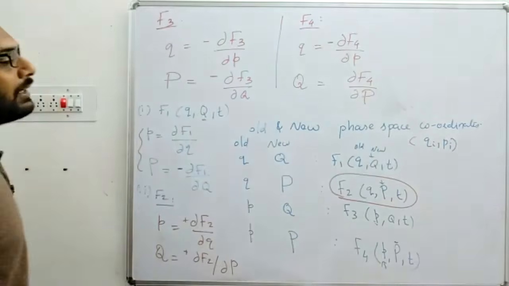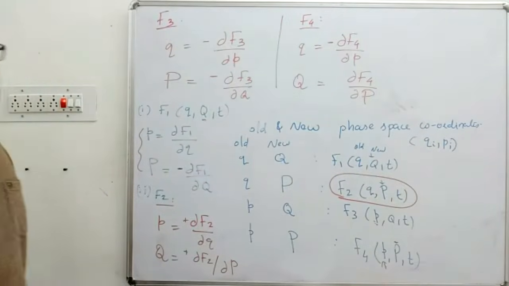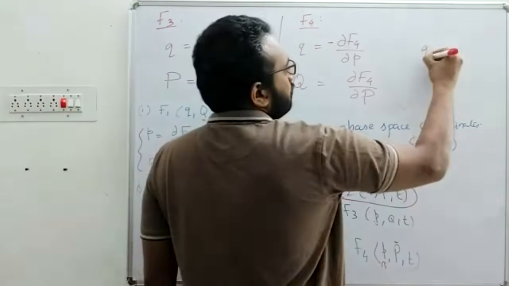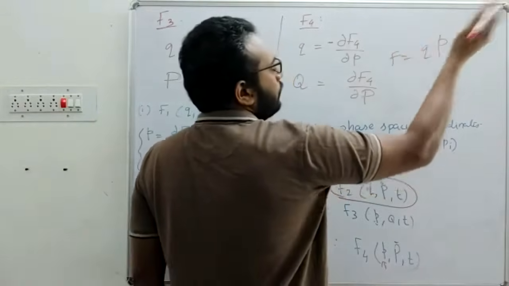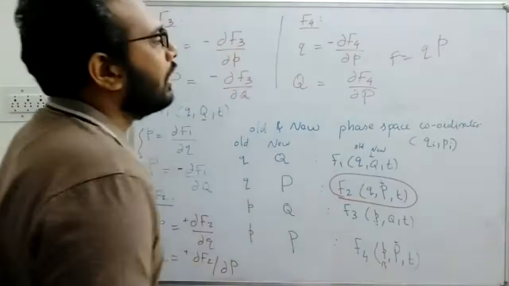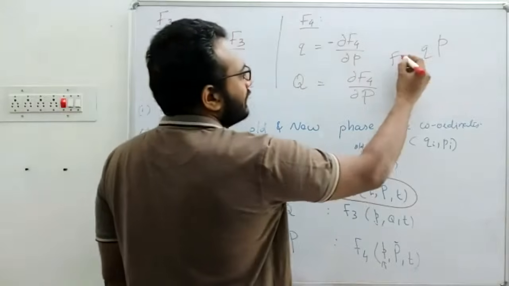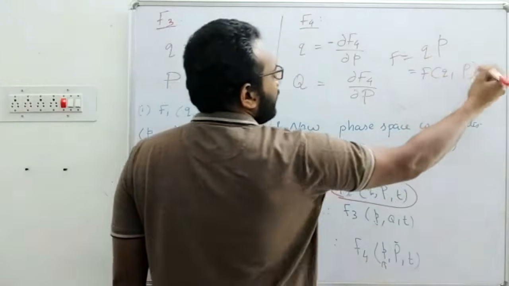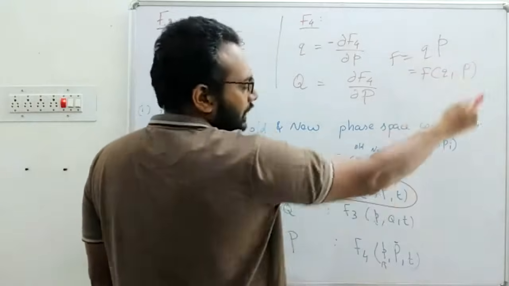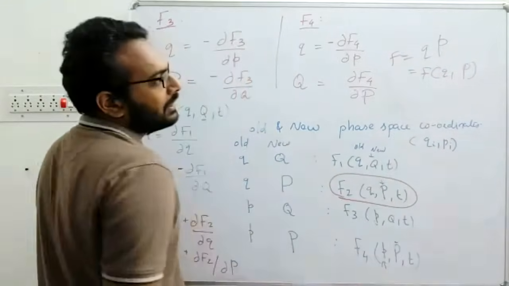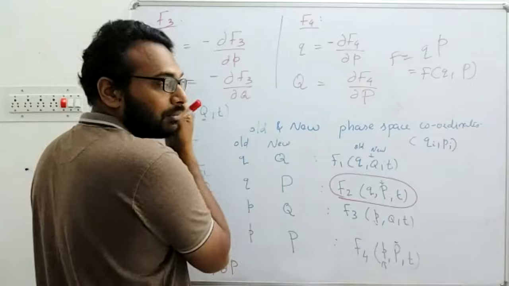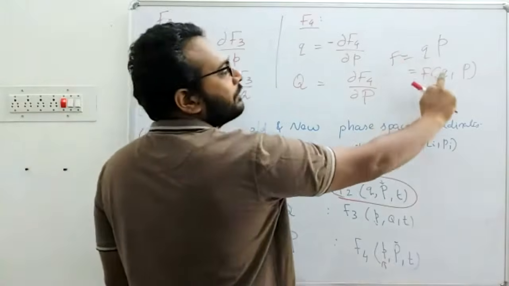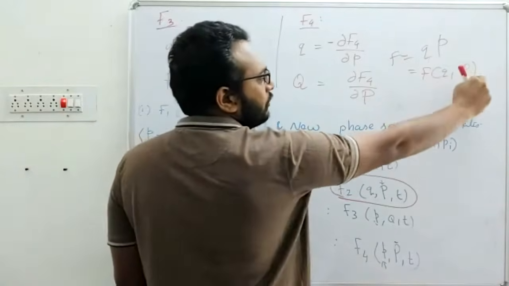So in a question, they may give you a particular generating function like this. F is equal to QP. Now you don't need to know which type it is. You can write this as f of q comma capital P. You don't need even to know which type it is, and you don't need to remember the equations. You write just the old one in the first position and the new one in the second position.